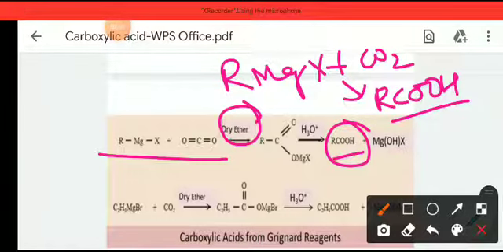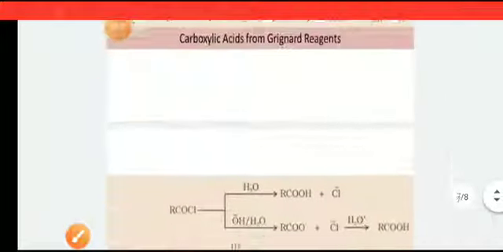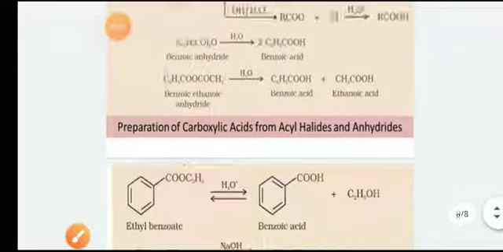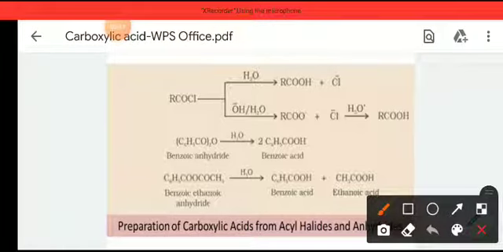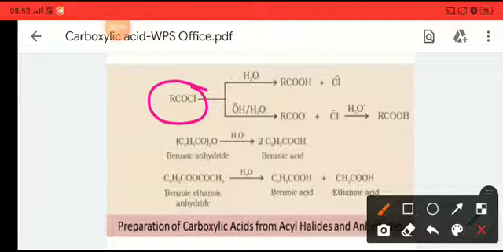This is the second last point of preparation of carboxylic acid, that is from acid halide. When we use RCOCl, that is acid chloride or acid halide, if it is Cl, then it is acid chloride. If it is iodine, then it will be acid iodide.